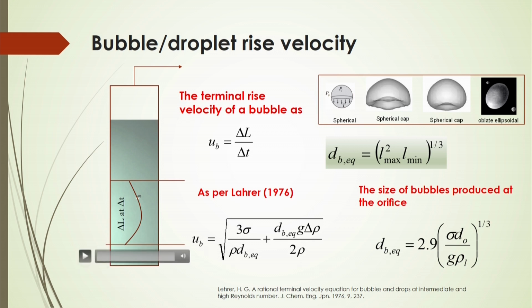If you record this bubble movement with a high speed camera, then you can measure the length or distance travelled by the individual bubbles. Suppose this one bubble is moving up due to the buoyancy effect, and it follows a certain path.